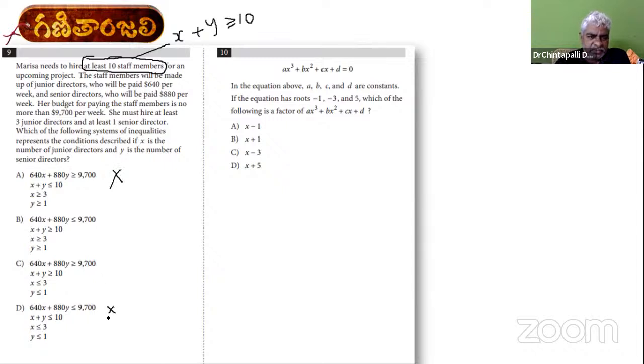Clear? Next thing. The staff members will be made up of junior doctors, let junior doctors be X, and senior doctors be Y, who will be paid $880 per week.